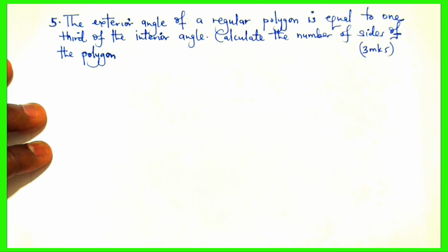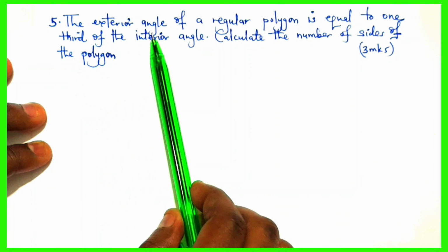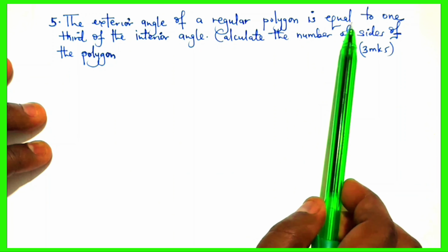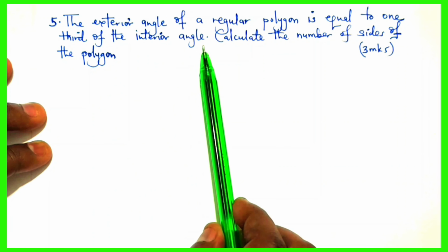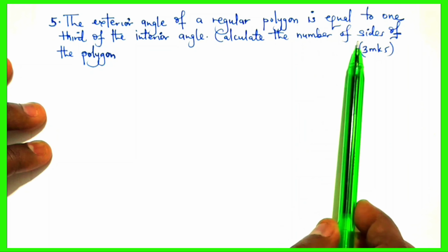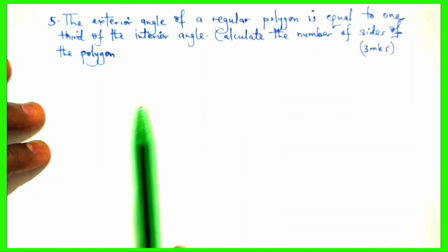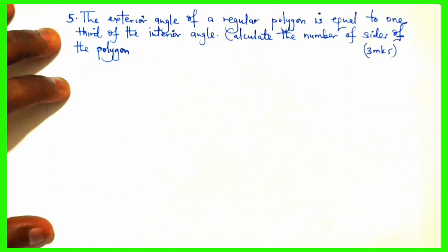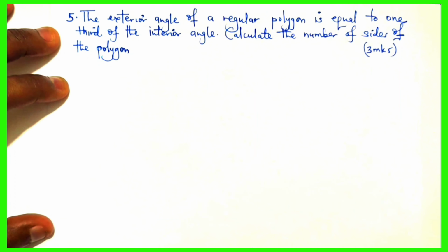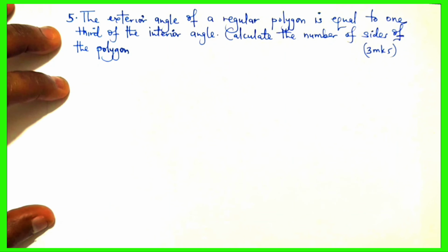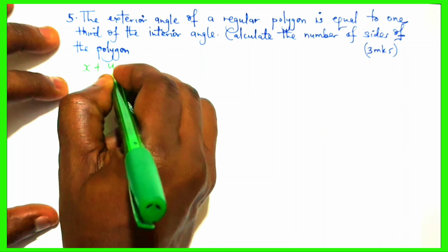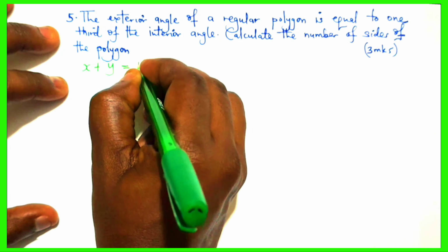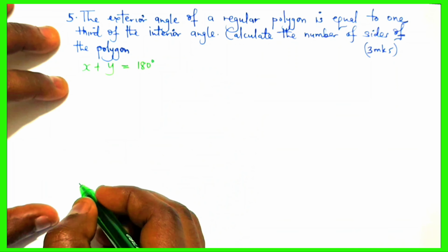The fifth question. The exterior angle of a regular polygon is equal to 1/3 of the interior angle. Calculate the number of sides of the polygon. 3 marks. So in this question, I can consider the solution using the simultaneous equation method, where I use the first law, which states that interior angle plus exterior angle will be equal to 180 degrees.